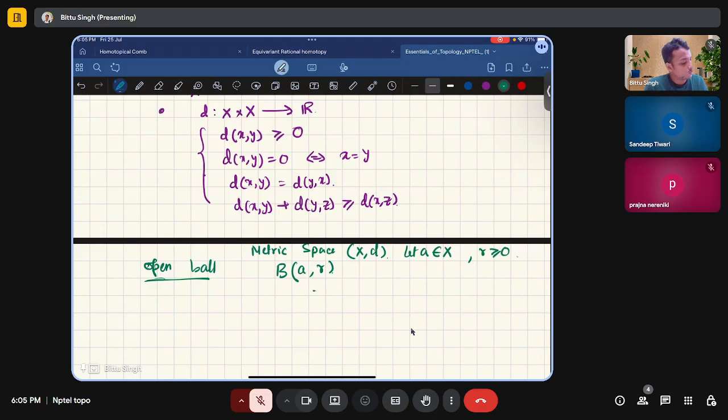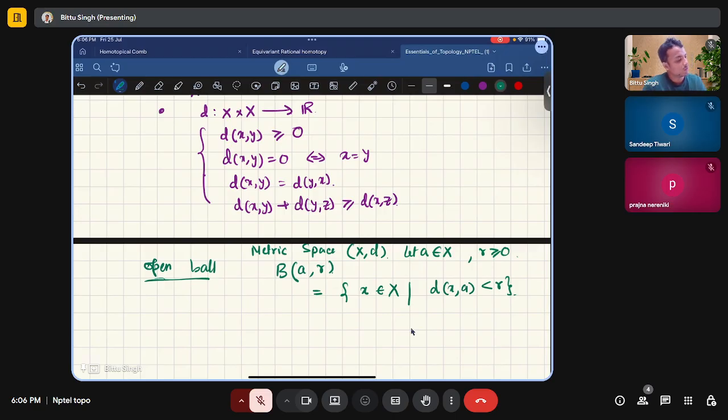Then the open ball B of a comma r is defined by all x belonging to X such that the distance from a is less than r. This set is the open ball.